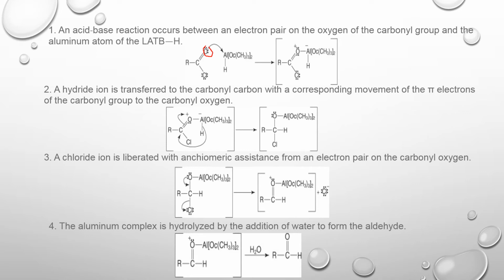Then the hydride ion is transferred. In the second step, the hydride ion, the hydrogen attached to the aluminum in the reducing agent, meaning the H minus ion, is transferred to the carbonyl carbon with the corresponding movement of the pi electrons of the carbonyl group to the carbonyl oxygen, because hydride ion carries a negative charge.